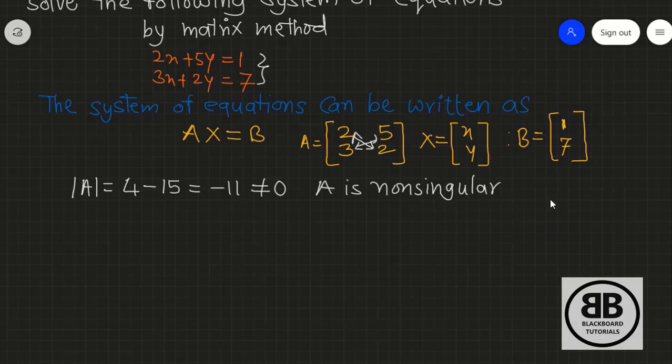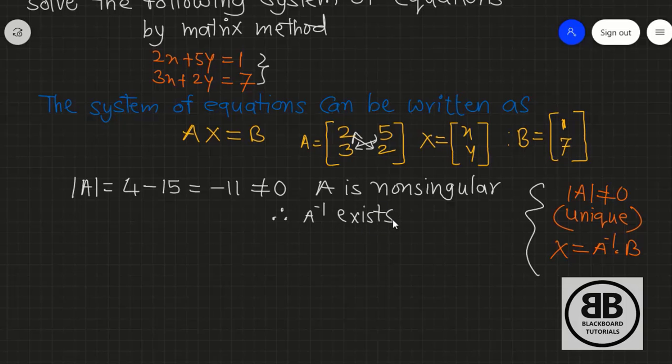If it is non-singular, then we have a unique solution. We have already seen this: if the determinant is non-zero, the matrix is non-singular and it has a unique solution, and this unique solution is given by X is equal to A inverse into B. So A is non-singular here, which means it has a unique solution.